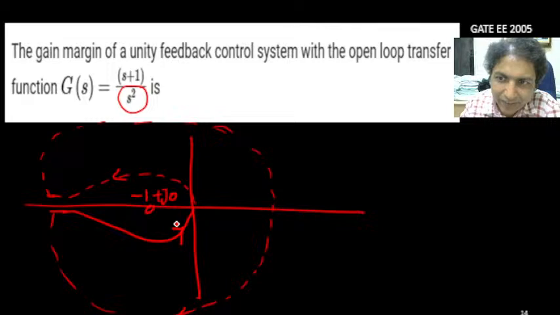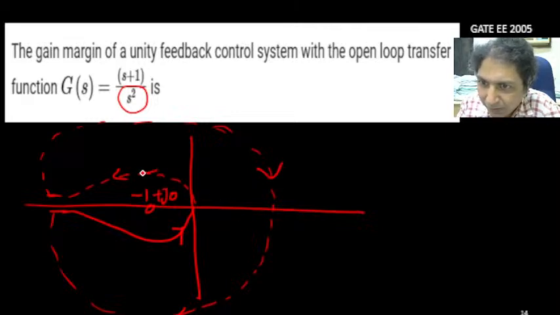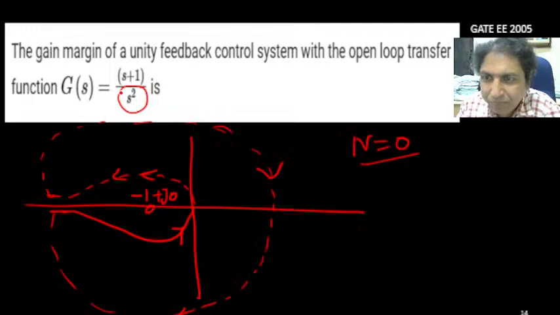So you can see that this system is always stable for positive gain k, because of how many times it will enclose. One is clockwise, the other one is anti-clockwise. So N equals to 0. Okay, and the open loop system is also stable, so P equals to 0. There is no pole on the right hand side.